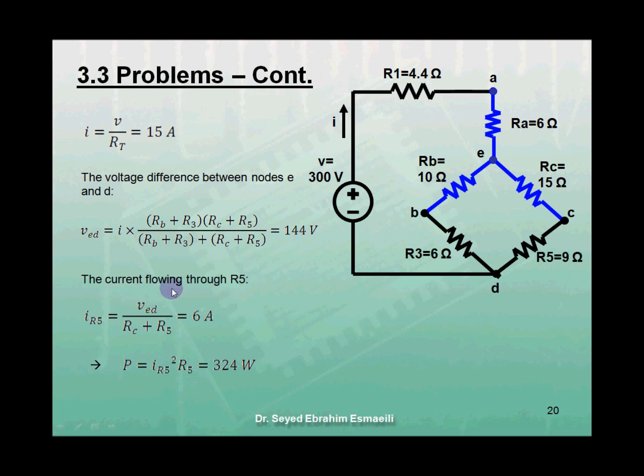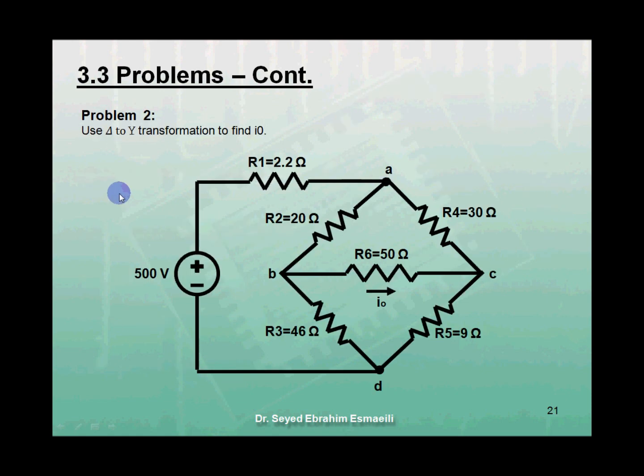The current flowing through R5, IR5, equals VED over RC plus R5 equals 6 amps, from which the power dissipated in R5 equals IR5 squared times R5 equals 324 watts.